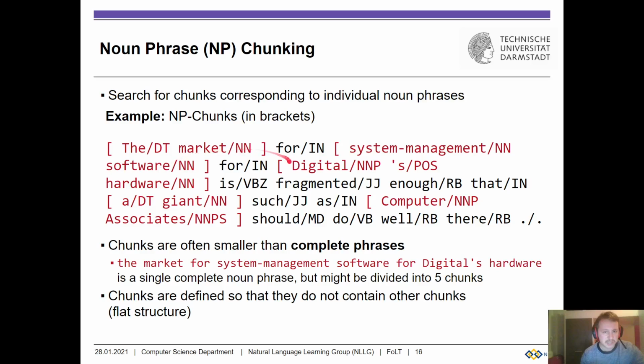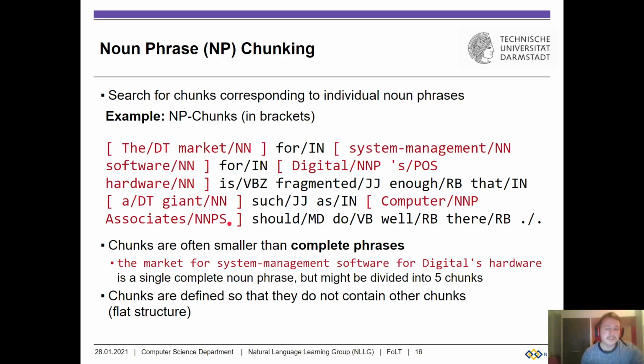Now we want to identify the noun phrases, and you see they have already been identified for us. First of all, we have the part of speech tagging, and then on top of this, we have the noun phrase information. So here "the market" is the first noun phrase, "system management software" is the second, "Digital's hardware" is the third, "a giant" is the fourth, and "Computer Associates" is the fifth noun phrase.